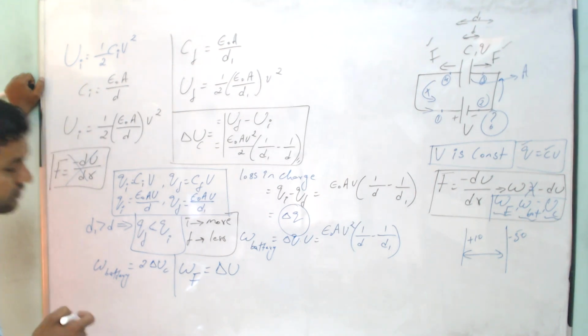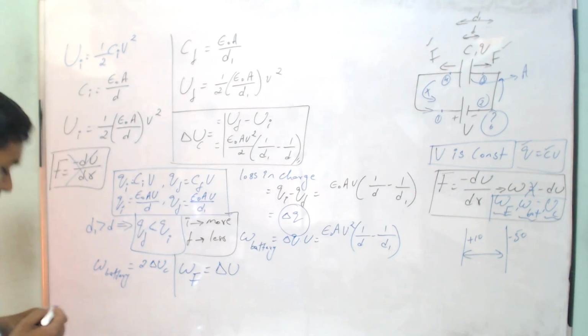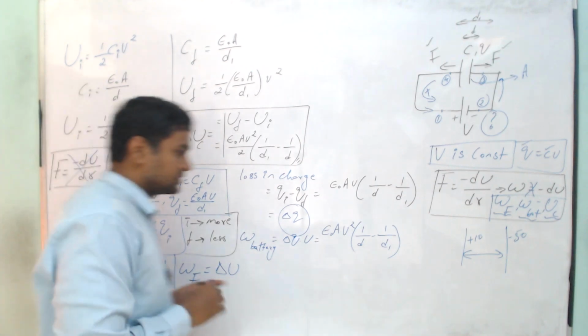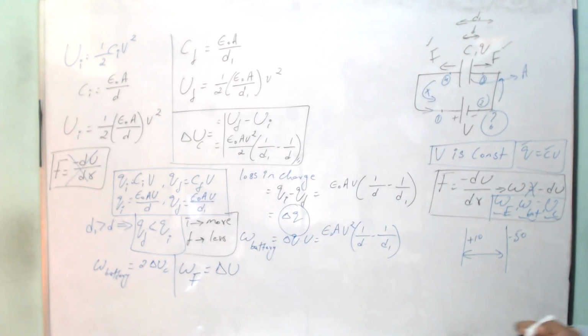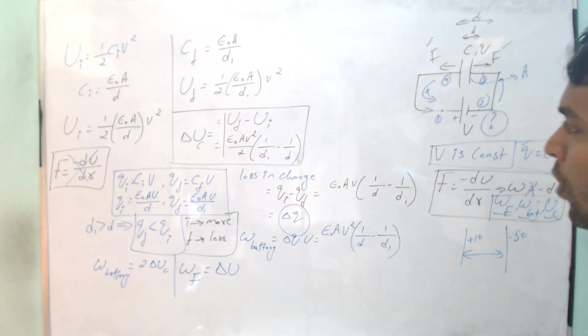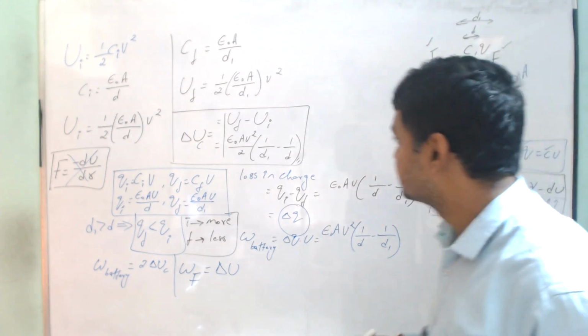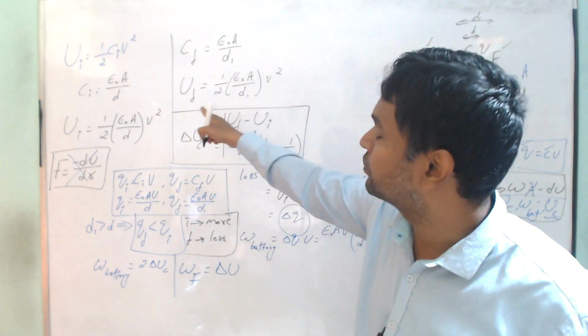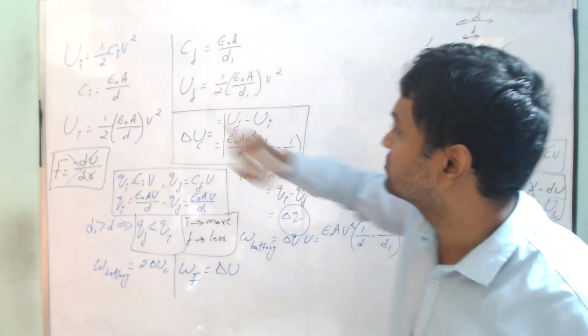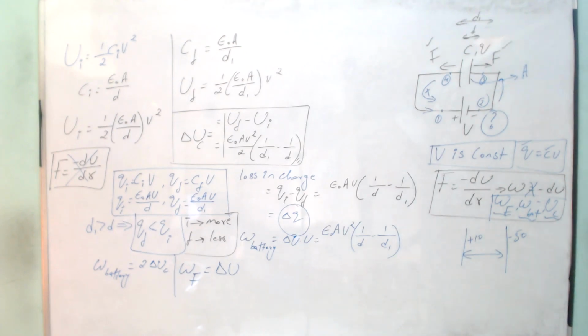So here we can directly write in terms of work done. Let us just take a look. My initial potential energy is less, or final potential energy is greater than, which is less than? We didn't write that.